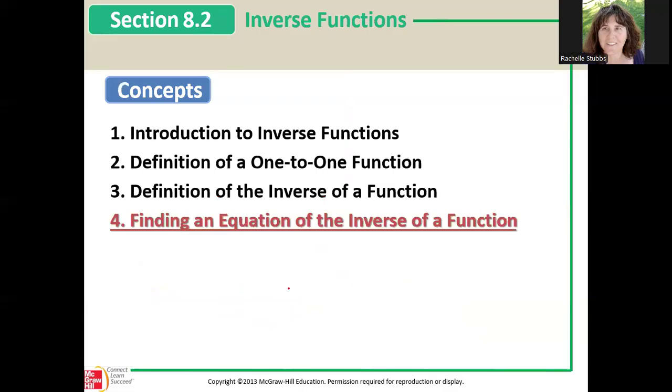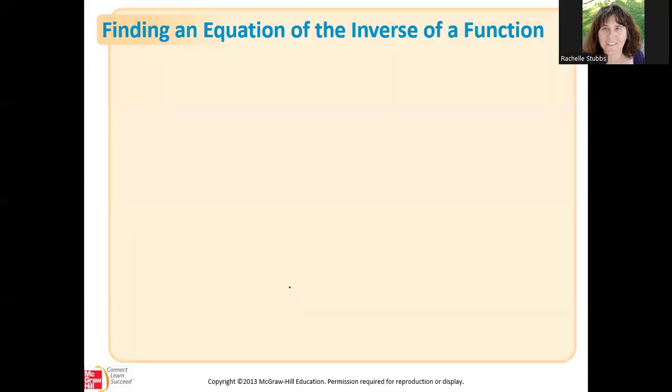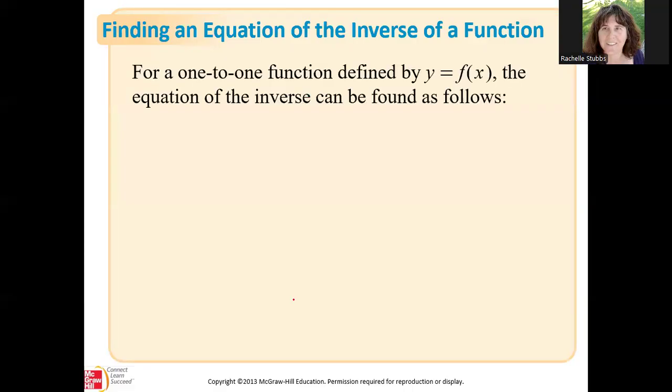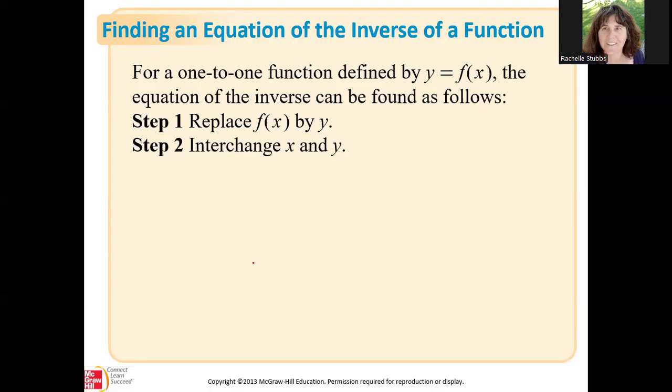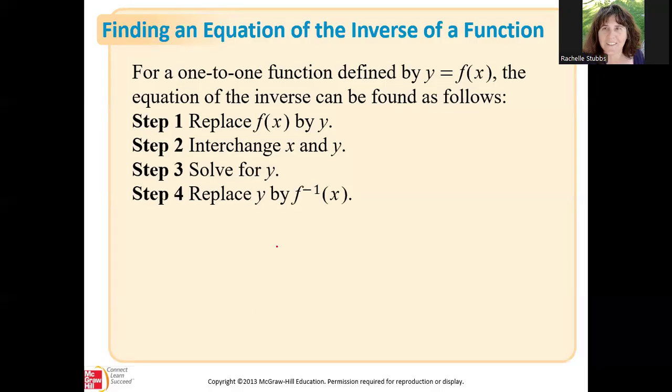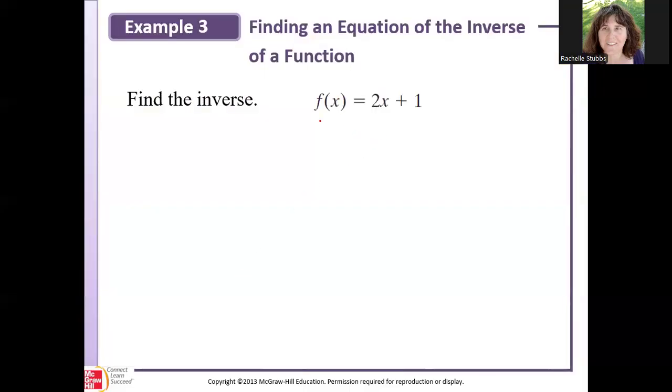Now, how do I find an equation of the inverse of a function? This is the fun part. Well, this is the easy part too, in a way. So you take your equation and you just switch the x and y in the equation and then solve again for y. And then whatever you get is the inverse function. So here's our function. First of all, I'm going to just rewrite this as y.